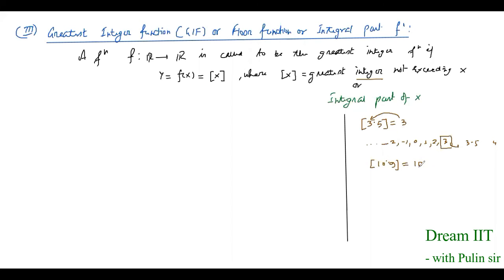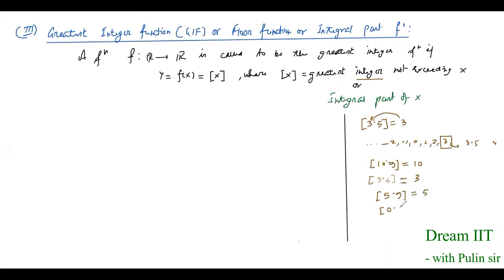So this way we can find the value of the greatest integral function. Similarly, suppose someone asks you, what is 3.4 equal to? 3.4 will be equal to 3. 5.9, if somebody asks what it will be, right?